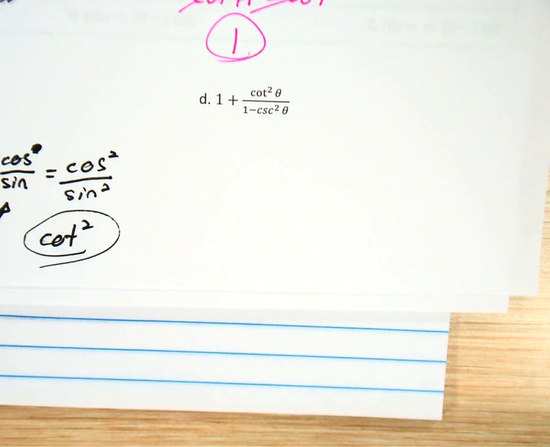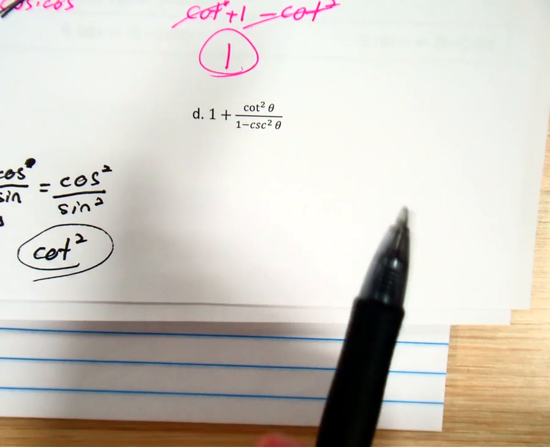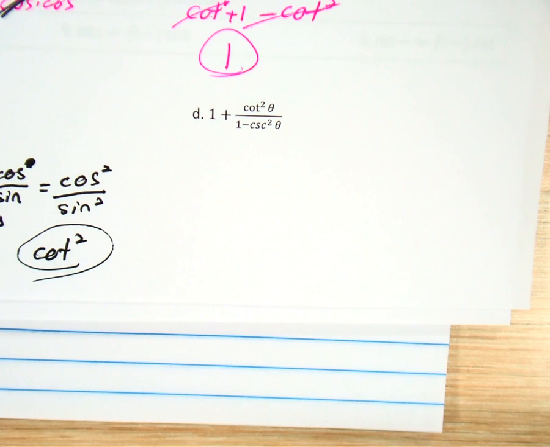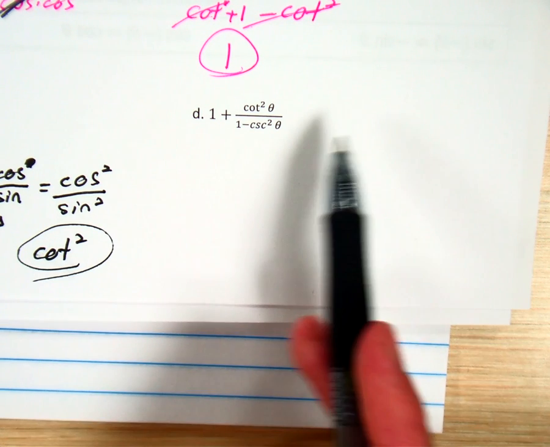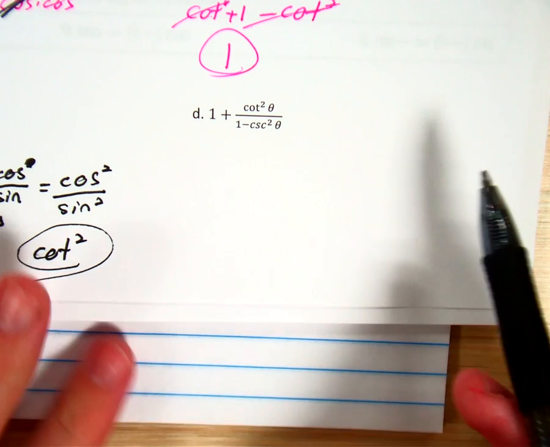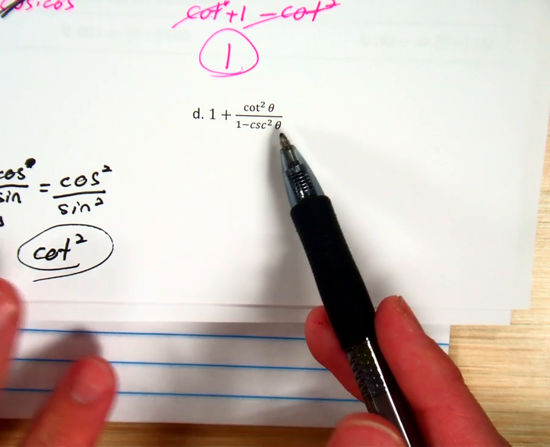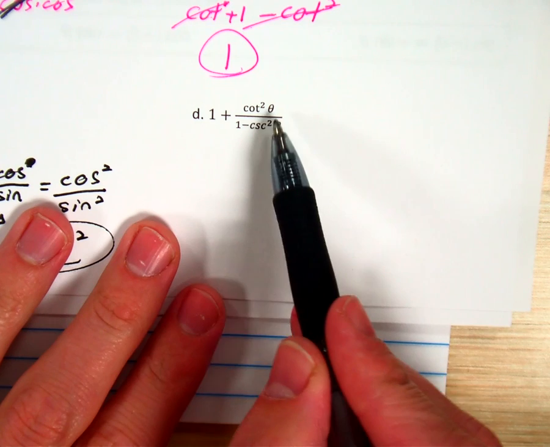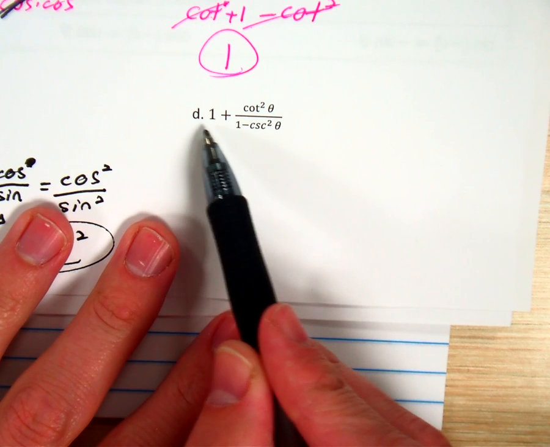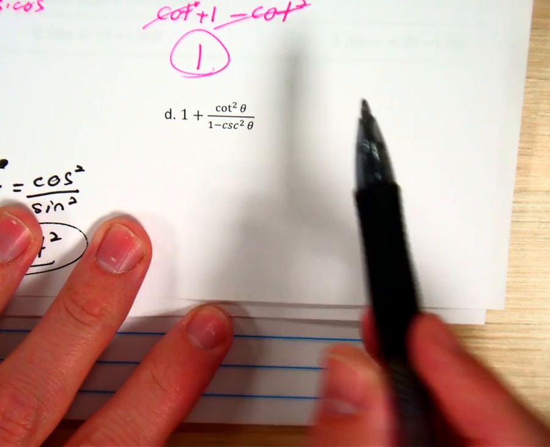Cotangent squared is cosecant squared minus 1, so maybe you would see that and be able to do it that way. I'll show you this other little thing after we do the long way here. I don't know if very many people would see the short way. Okay, so we're going to leave this plus 1 out in the front alone.